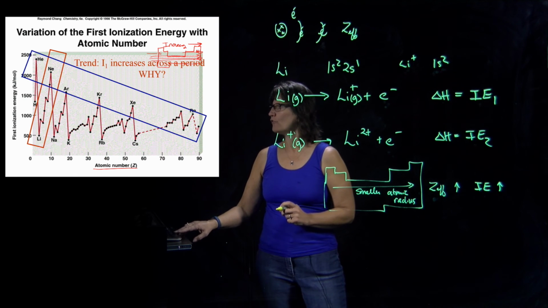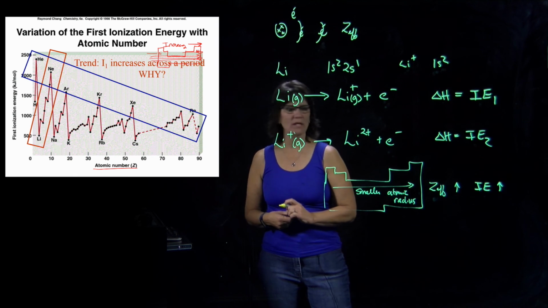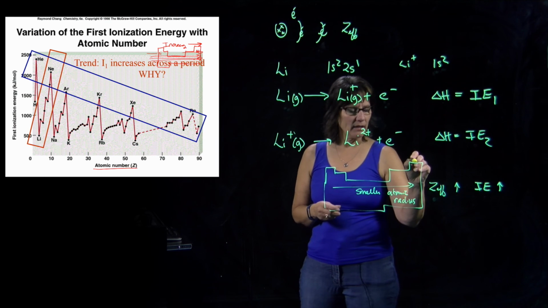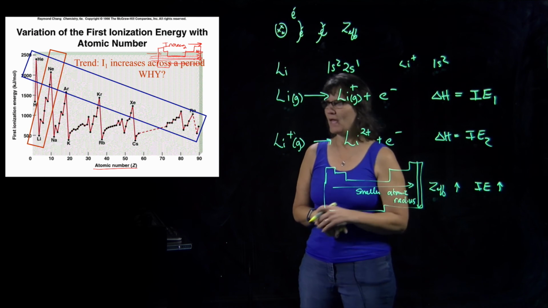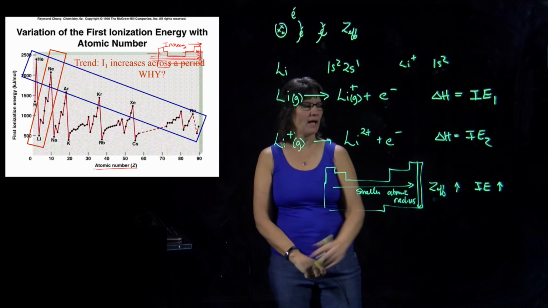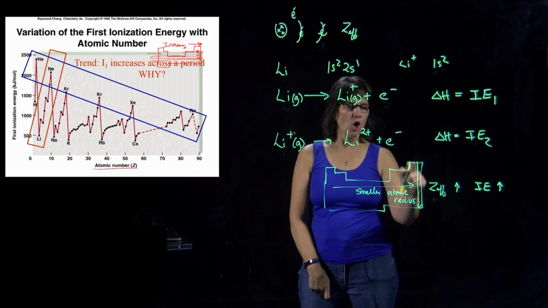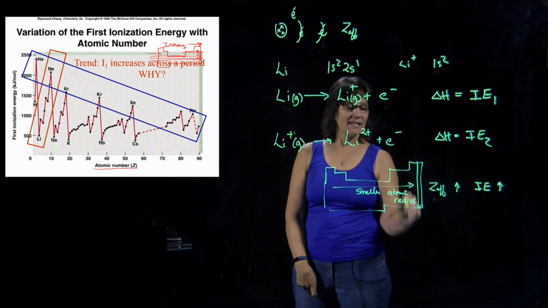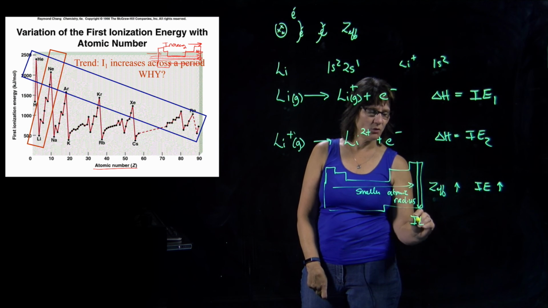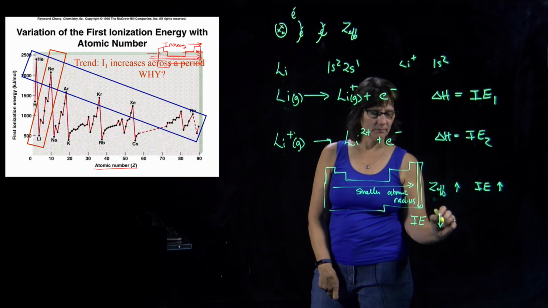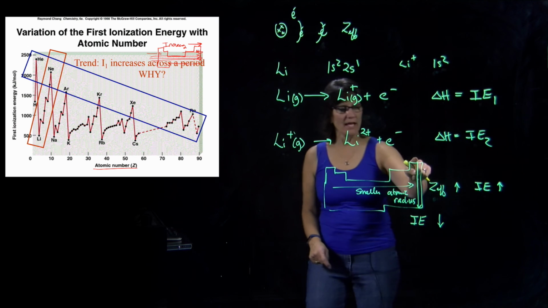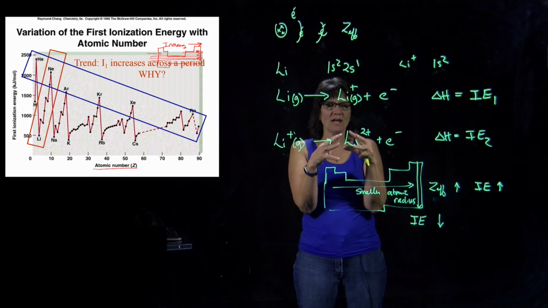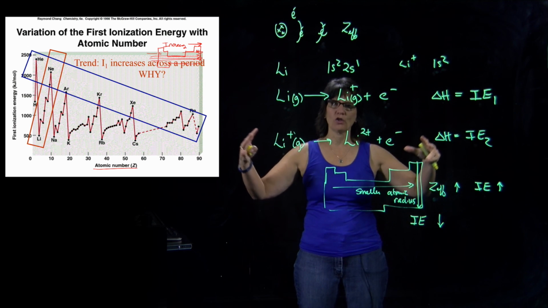As we go from helium down, that noble gas column, we see that the ionization energy is doing what? Well, it's decreasing, and it's for the same reason. As we go down a group, what's happening to the size? It's getting larger and larger.